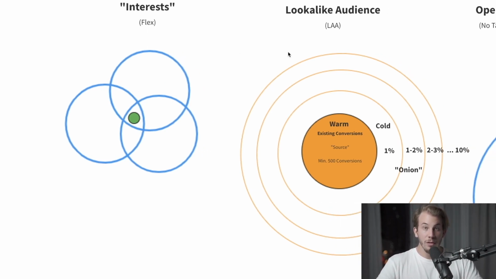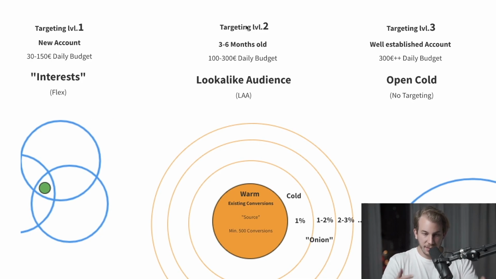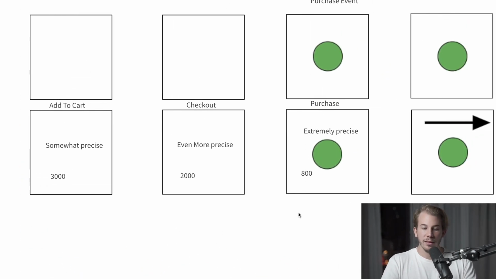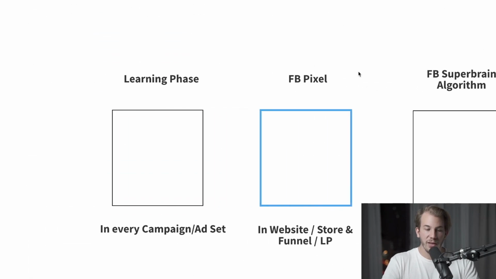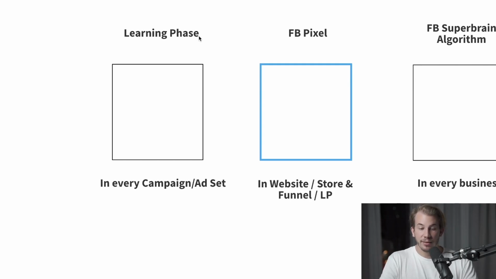And this will be your most important and most valuable thing once you have matured that account in a way where it's a well-established account, where you have more than 3,000 purchase conversions, or more than 2,000, 3,000 high quality leads, where your pixel is extremely smart, where everything is already learned, where the campaigns, the ad sets, the learning phase, everything, they just know your ideal customer.